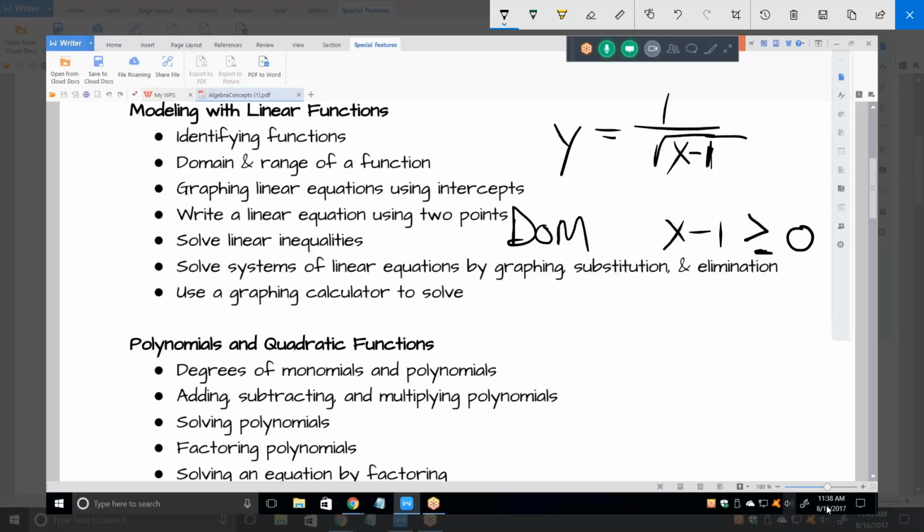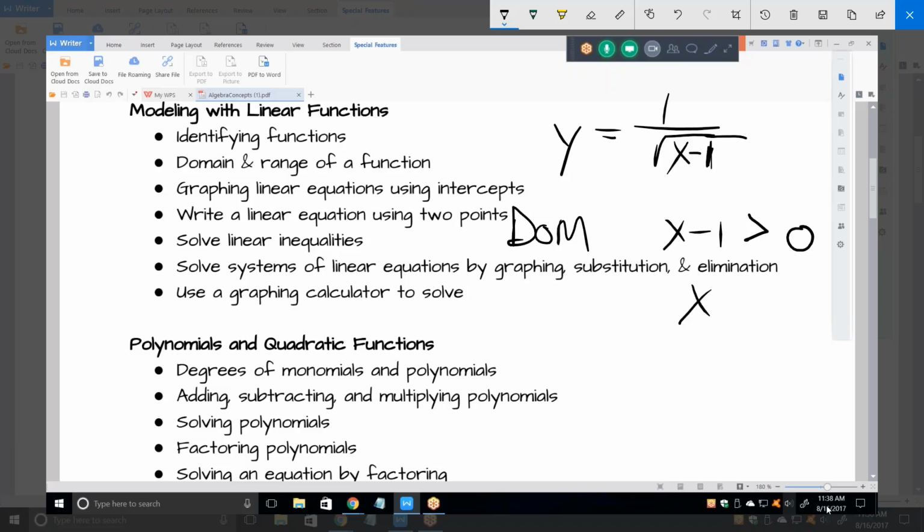No. Because that would cause us to divide by 0. First rule of mathematics, you cannot divide by 0. So this is not greater than or equal to 0, it is just greater than 0. If the radical sign is in the denominator, like it is here, then instead of writing greater than or equal to 0, you put greater than 0, and then solve this.